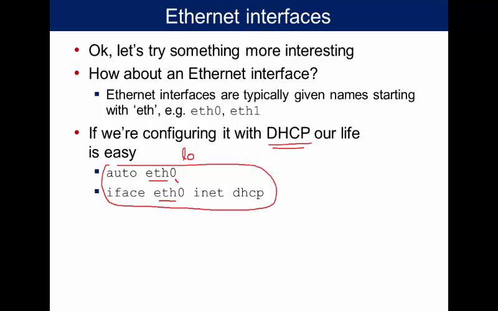So eth0, if there is an interface card already defined for eth0. So automatically it goes through the Ethernet rather than loopback.